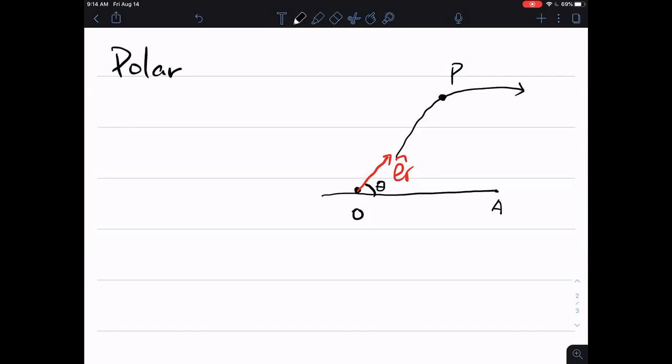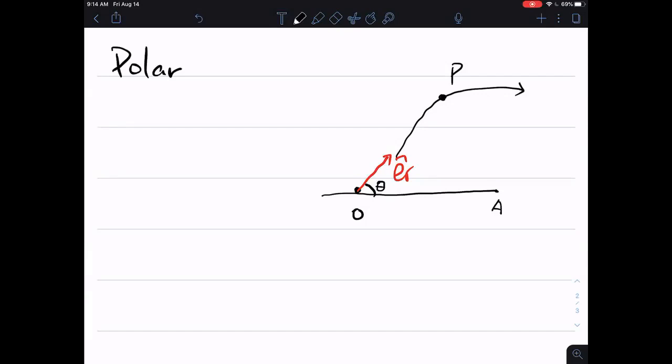So this is the angle theta between the horizontal line and this vector r. Imagine after a few seconds, particle P will move around this path and be somewhere around here. Now, what's the angle theta going to be at that point? Should it be smaller or larger? Smaller.